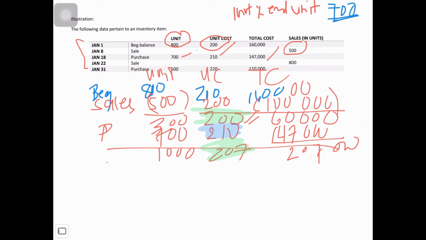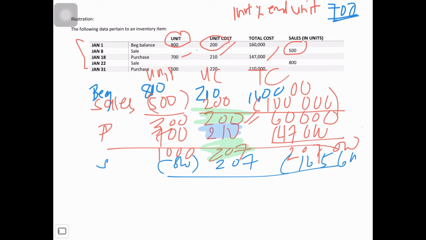Next is sale again. How much? Minus 800. Then 207 na sa di mong gamiton guys. So 800 times 207, we have here minus 165,600. So pila na siya? 27,000.